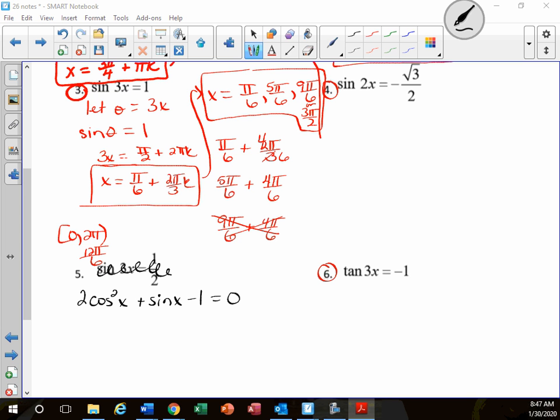I would still do, so is tangent equals negative 3. Another minute here, finish up 4 and 6, remember?